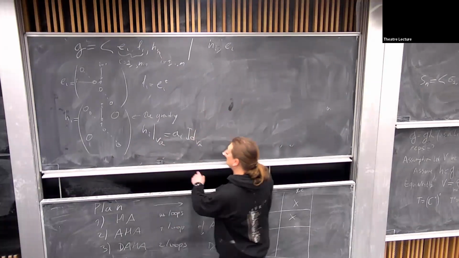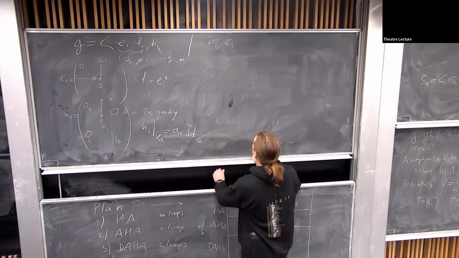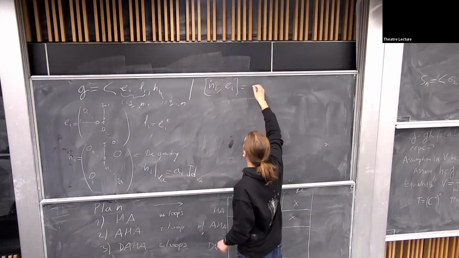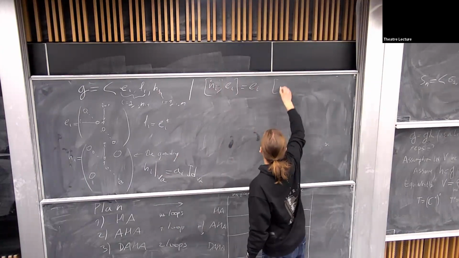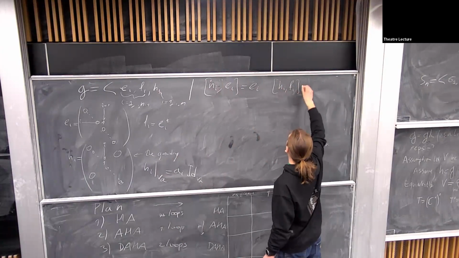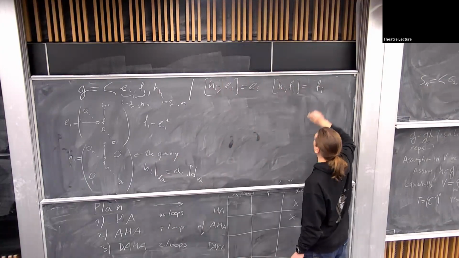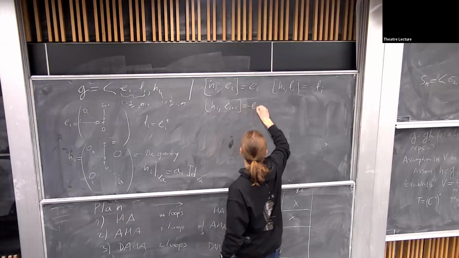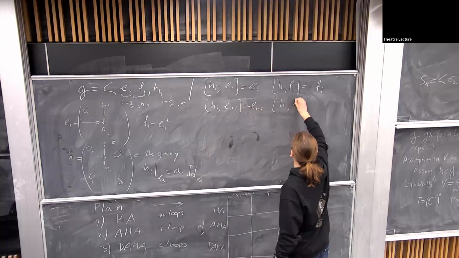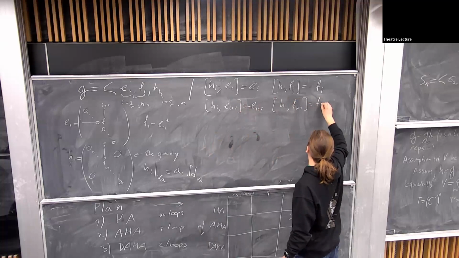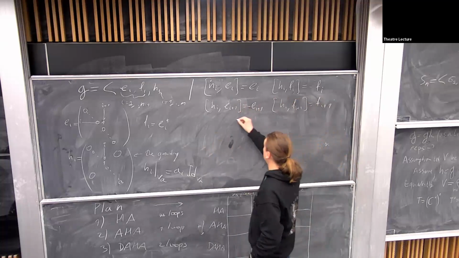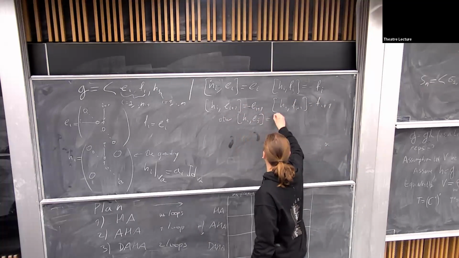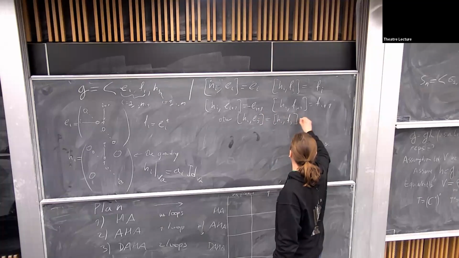So how does it interact, for instance, with E_i? [H_i, E_i], if you just commute the matrices, you will get E_i; [H_i, F_i] is minus F_i; [H_i, E_{i+1}] is minus E_{i+1}; [H_i, F_{i+1}] is F_{i+1}; and all the other [H_i, E_j] and [H_i, F_j] are 0.